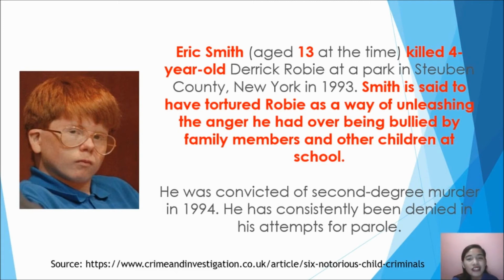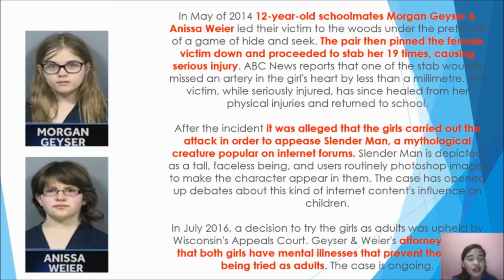He has consistently been denied in his attempts for parole. And then the second example, we have two girls here. In 2014, 12-year-old schoolmates Morgan Geyser and Anissa Weier led their victim to the woods under the pretense of a game of hide and seek. The pair then pinned the female victim down and proceeded to stab her 19 times, causing serious injury.